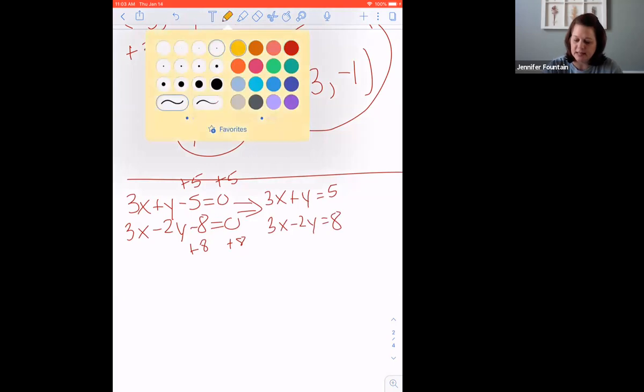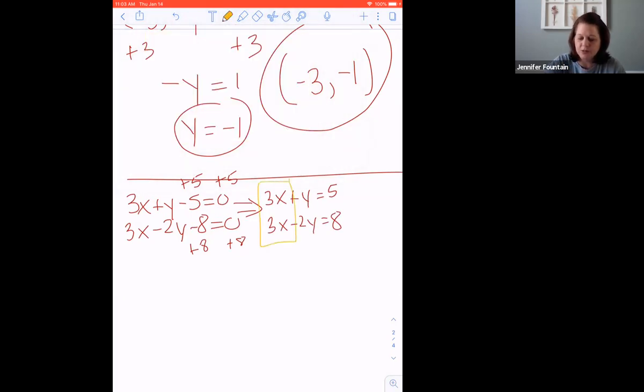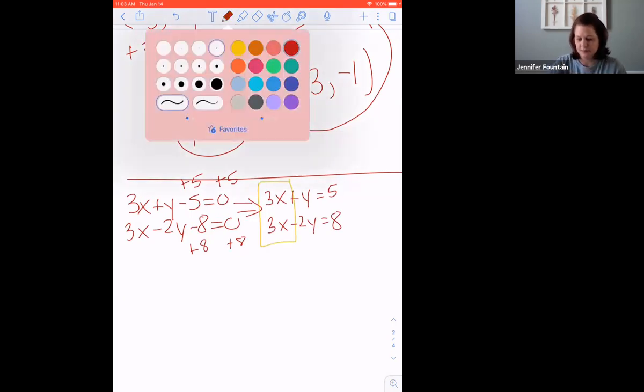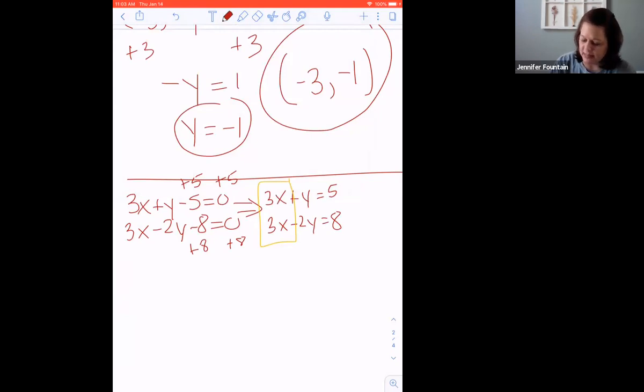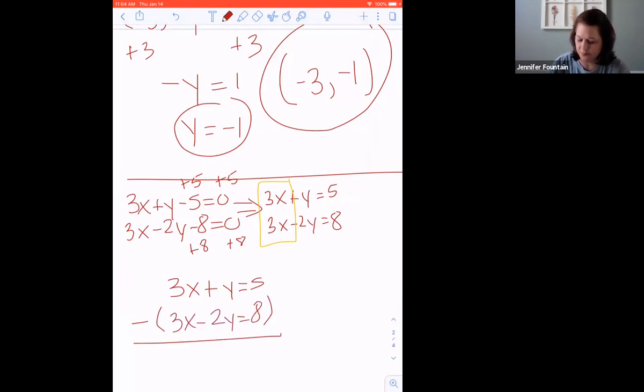I'm able to see that my like terms are the 3x's. So I can see that those are going to be the ones that I'm actually eliminating. So 3x plus y equals 5 minus 3x minus 2y equals 8.